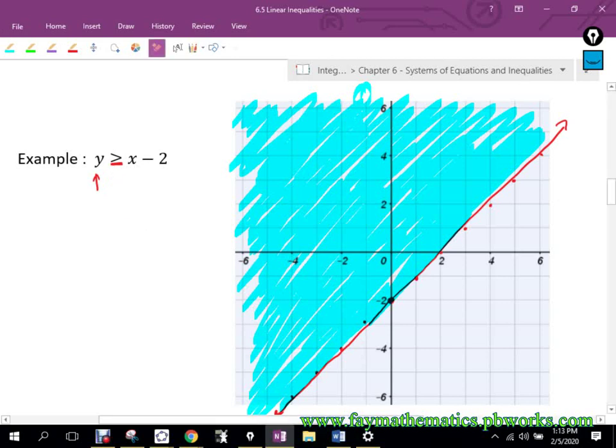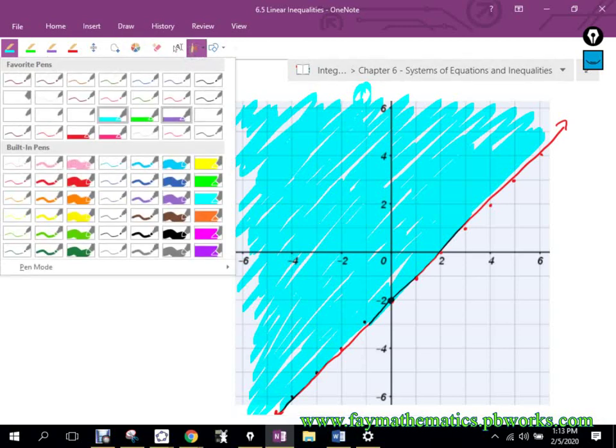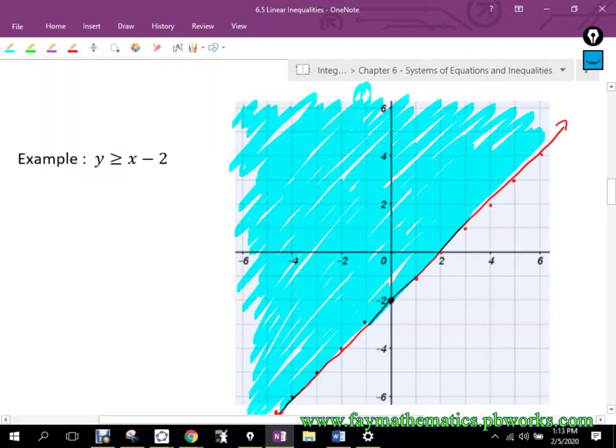But now let's talk about what this stuff means. All of these blue points, anything that I just colored over, so if I look at this point right here, that point's ordered pair is 3, 1. That means when I substitute over here, y being 1, x being 3, I should get a solution that is what?